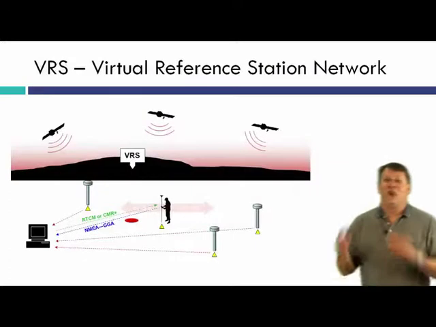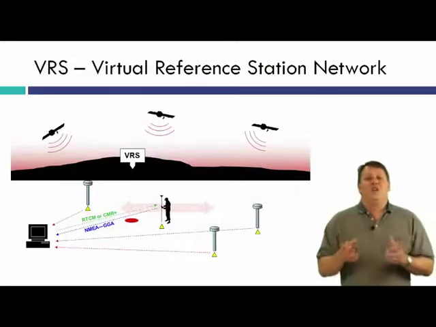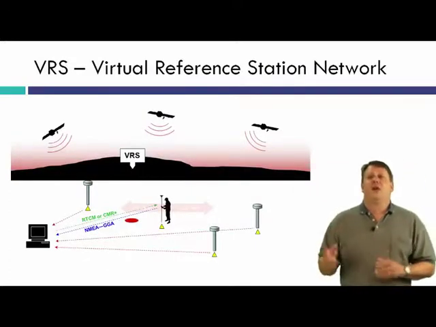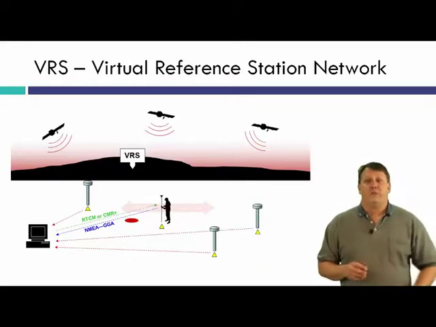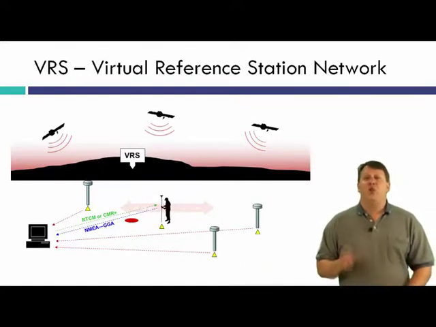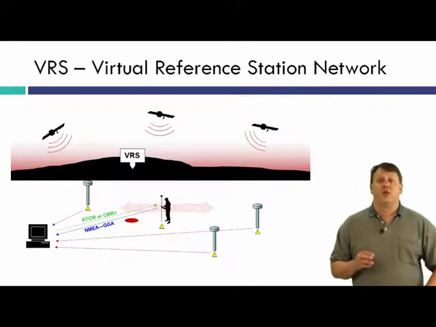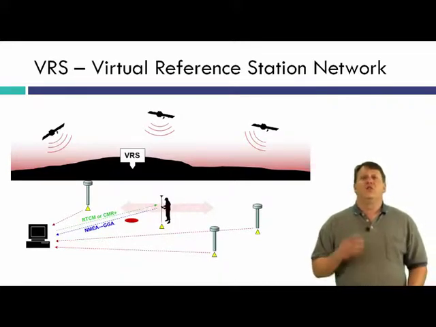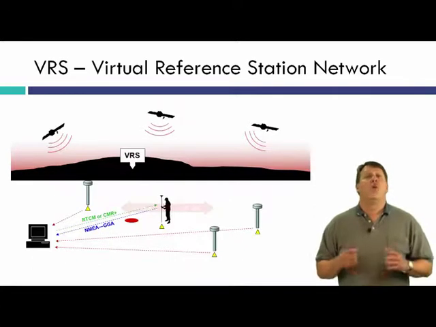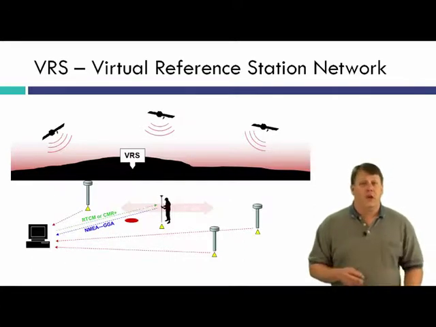A virtual reference station, or a VRS network, is another way of doing corrections to our data. This consists of multiple base stations sending their data back to a central computer or server. Then the corrections from this server or computer are made available to us on the internet.